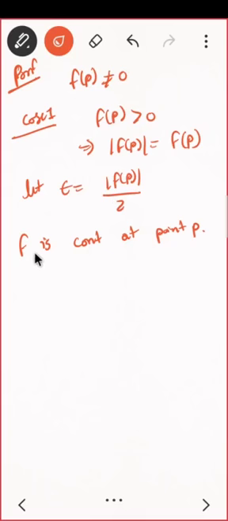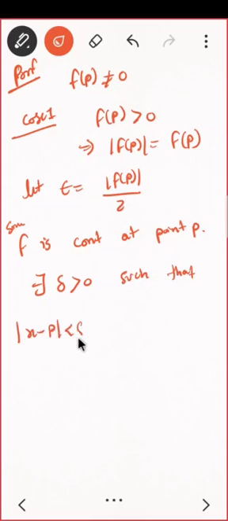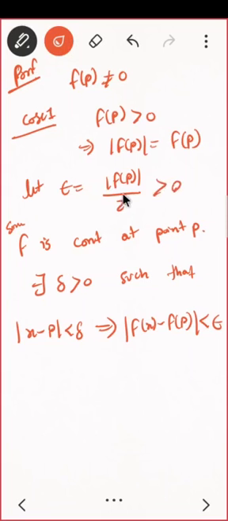Since f is continuous at p, there exists a positive delta by the definition of continuity, such that mod of x minus p less than delta implies mod of f of x minus f of p is less than epsilon. Can I write this? This is the definition of continuity. I hope you remember that.